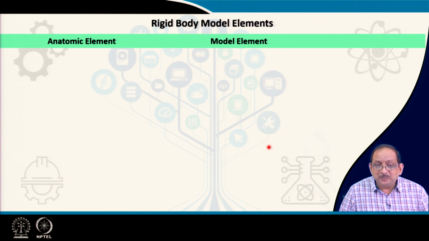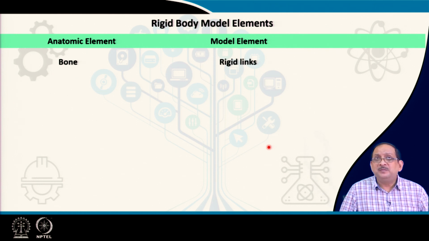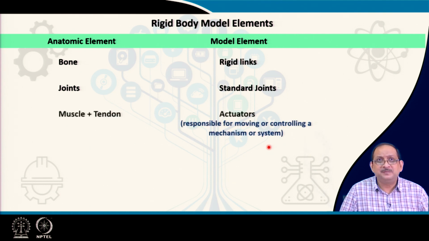We can now compare each and every basic anatomic element with some model mechanical element. For example, the bone may be comparable to rigid links. The joints can be compared to standard mechanical joints.